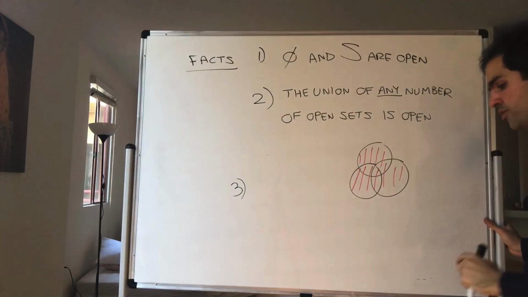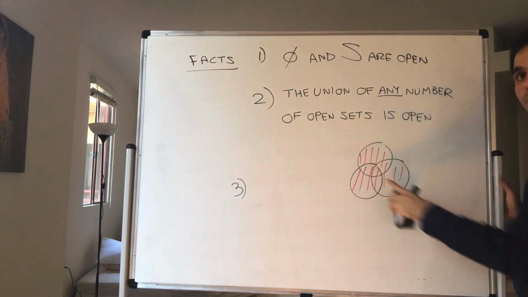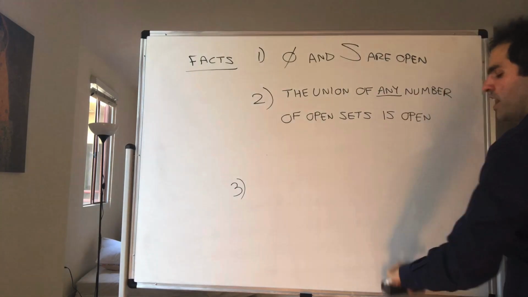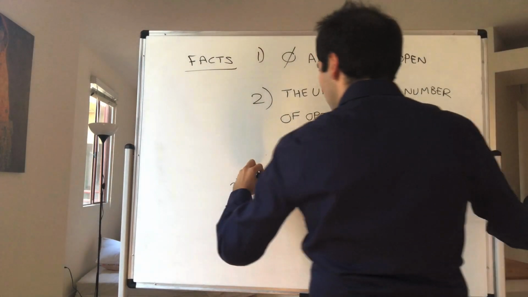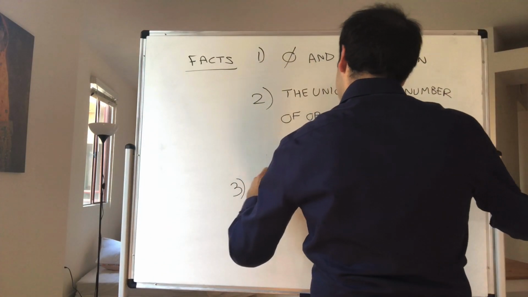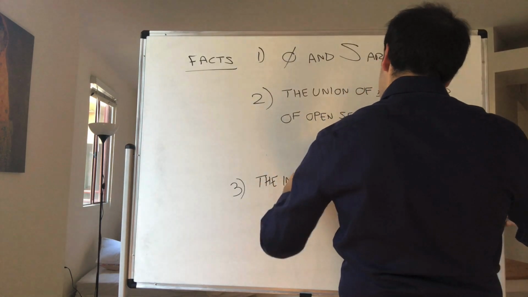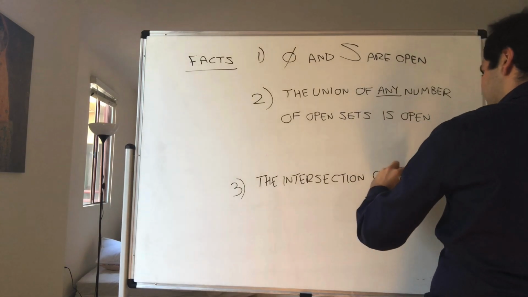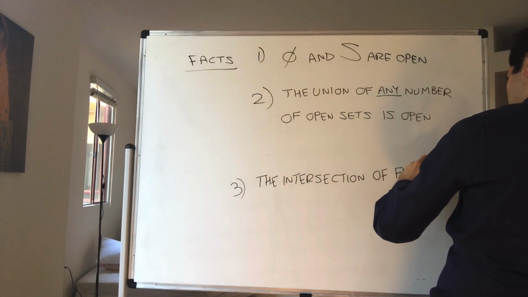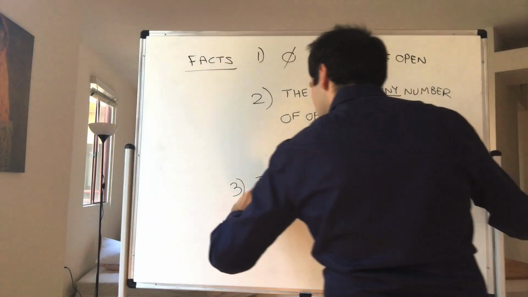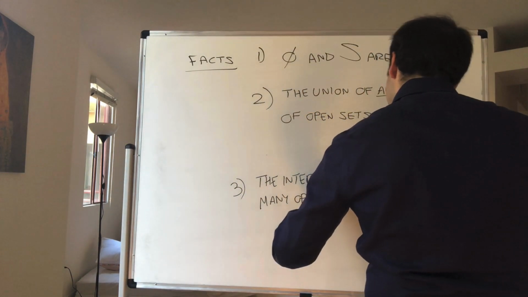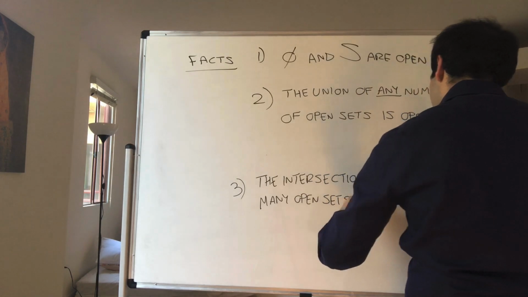Not quite, so almost, but provided we just take a finite number of intersections. And I'll give a counterexample in a second. So the intersection of finitely many open sets is open.